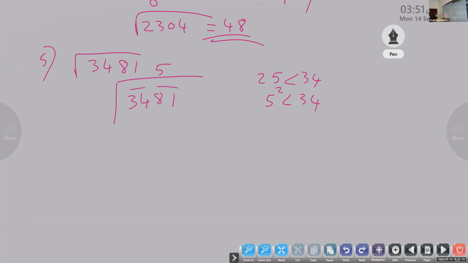First quotient and first divisor is 5. 5 fives are 25. Subtracting, we will get 9.